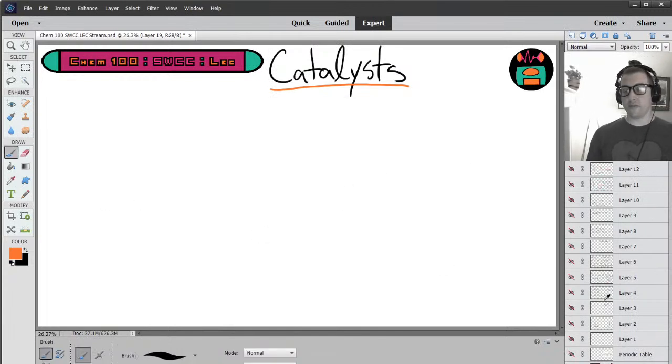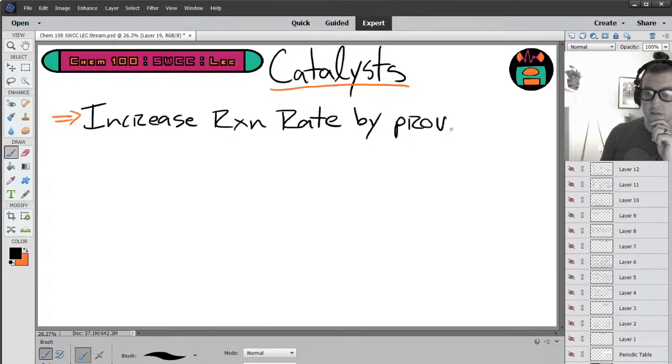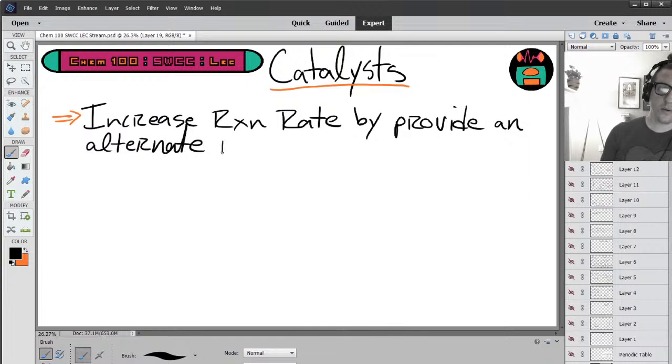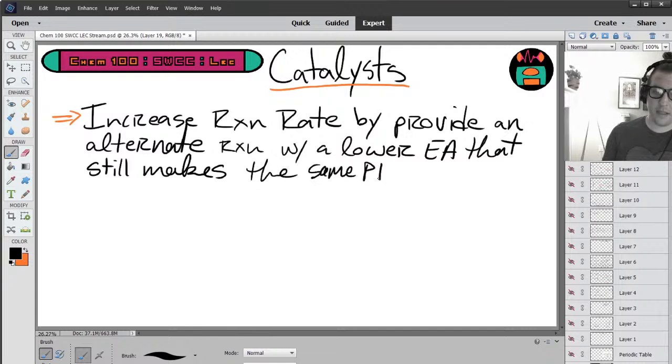So catalysts do increase the rate of reactions. They increase reaction rates by providing an alternate reaction with a lower energy of activation that still makes the same products from the same reactant.